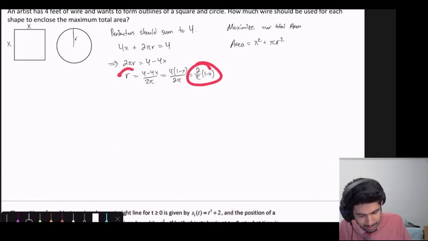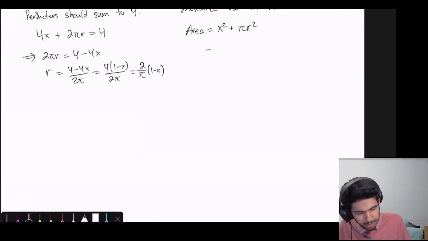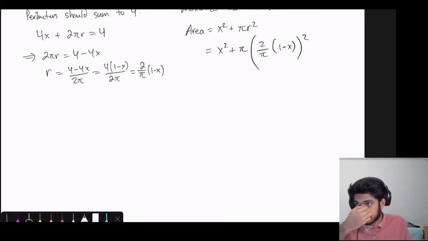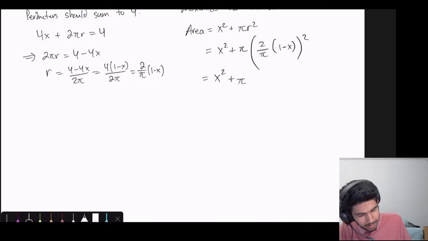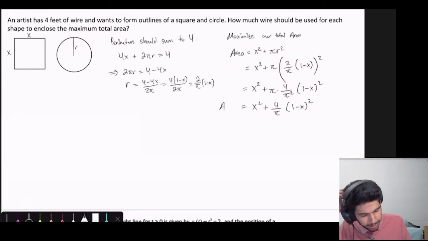Now we can substitute this for r. So area equals x squared plus pi times (2 over pi times (1 minus x)) squared, which is x squared plus pi times 4 over pi squared times (1 minus x) squared. Then a little simplification, and that's our equation for area.